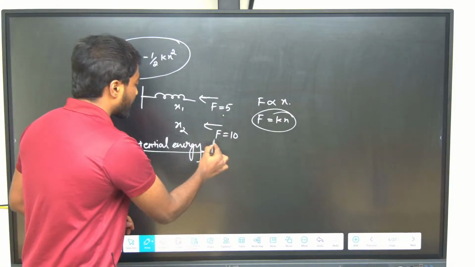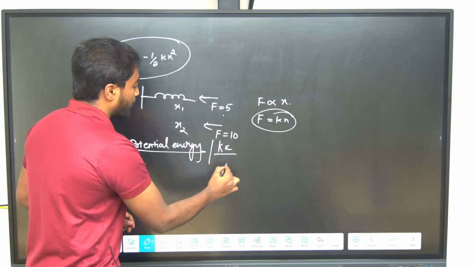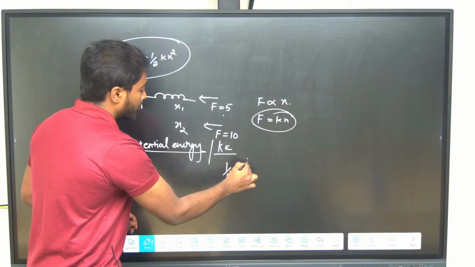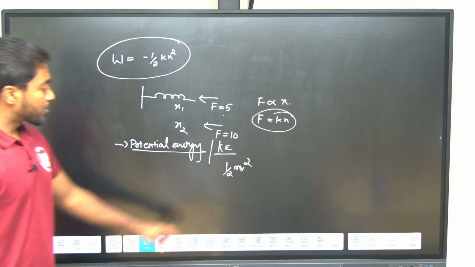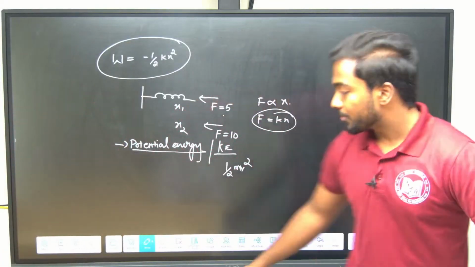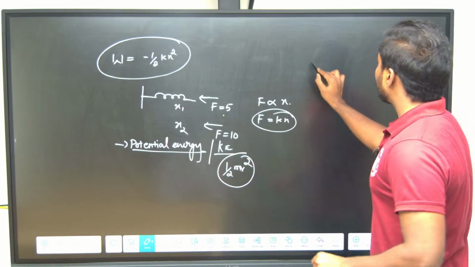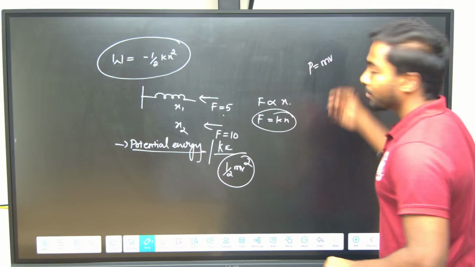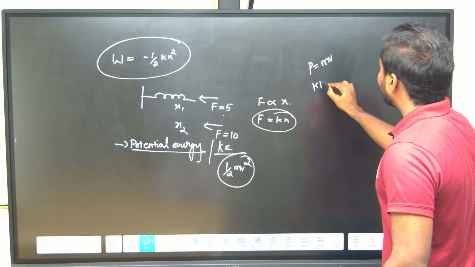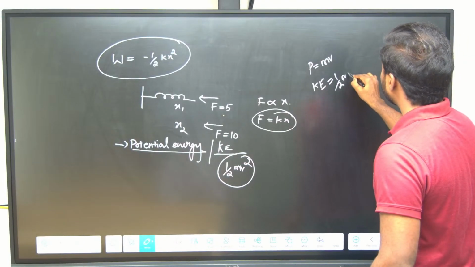For kinetic energy, the formula is half mv square. We have discussed the kinetic energy with respect to momentum also. So the momentum formula is mass into velocity. When I talk about kinetic energy, it is half mv square.